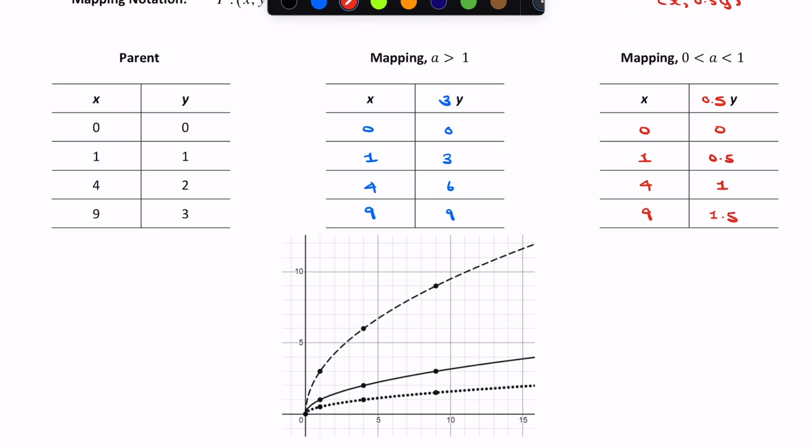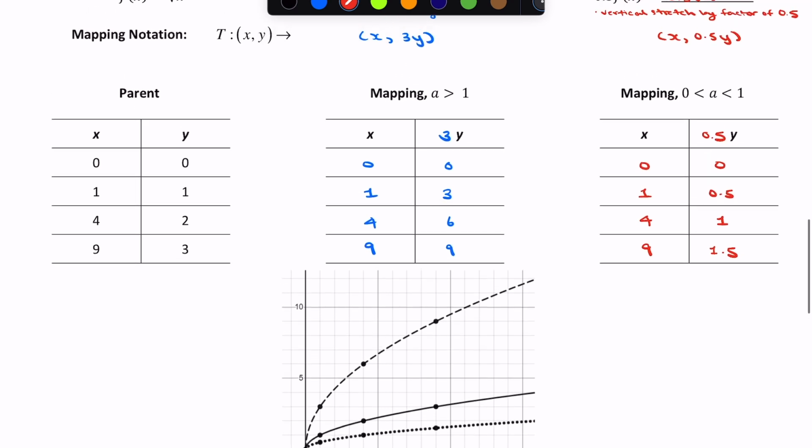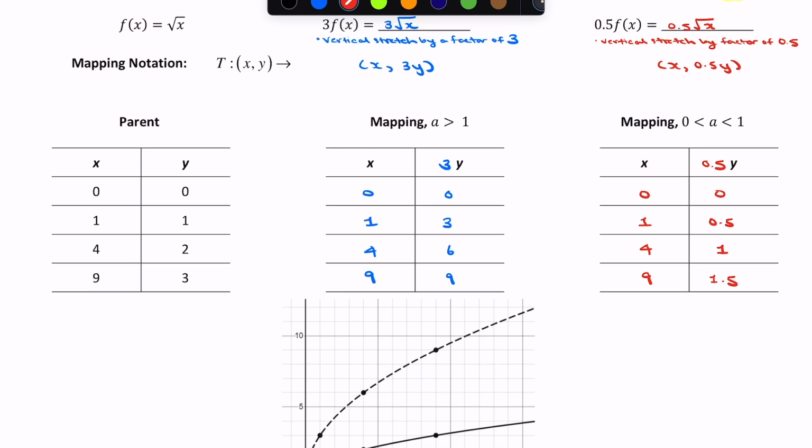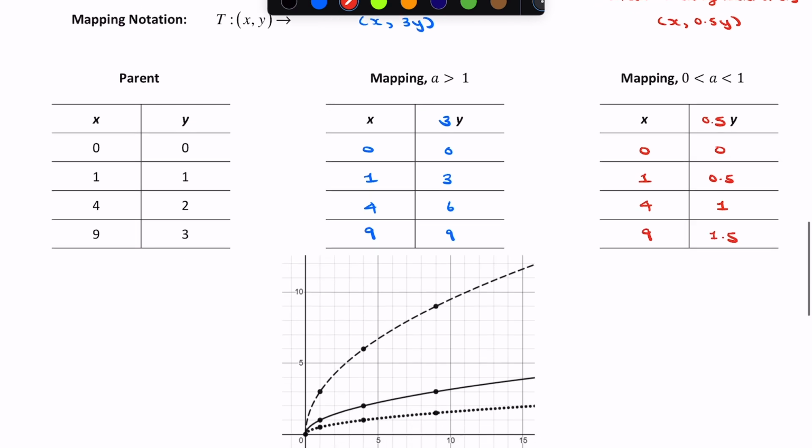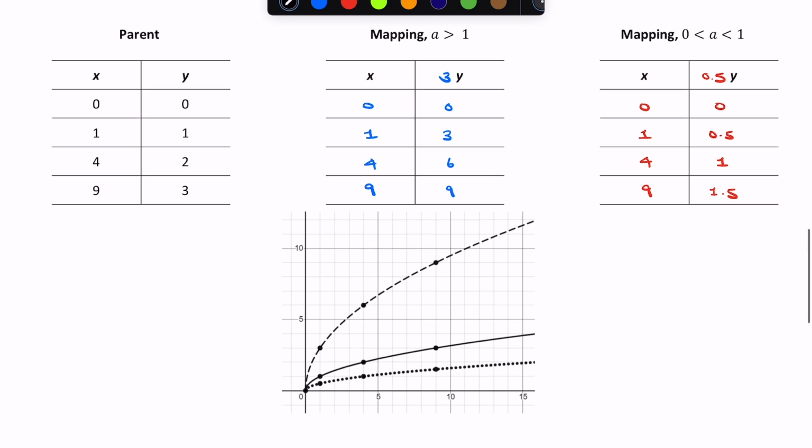And so when we look at the corresponding graphs to these three functions, so the parent function, the function with vertical stretch by a factor of 3, and then the function with the vertical stretch by a factor of 0.5, we see that the solid line will be our original parent function, so that's y is equal to square root x.